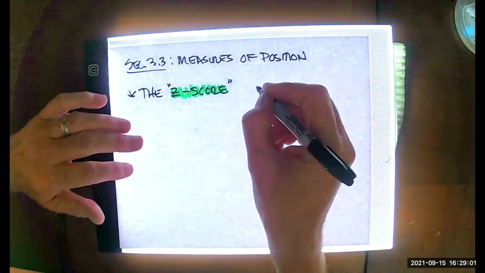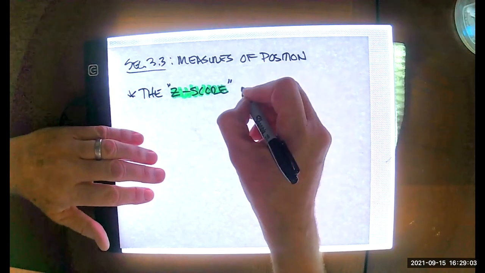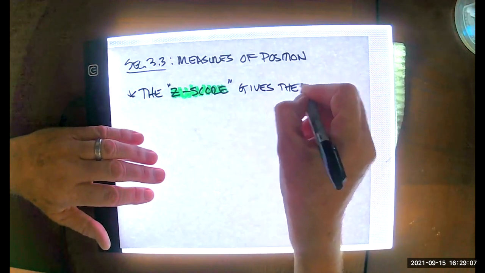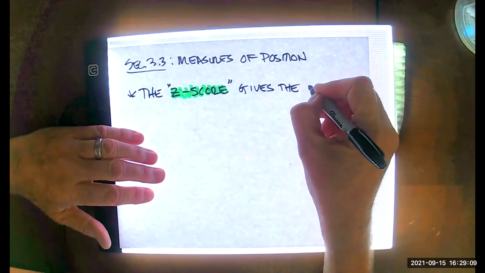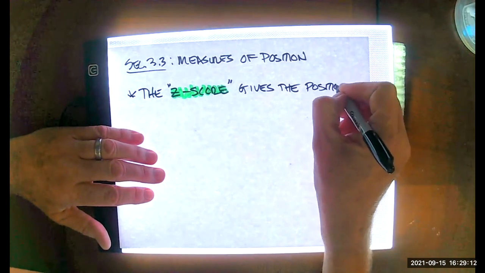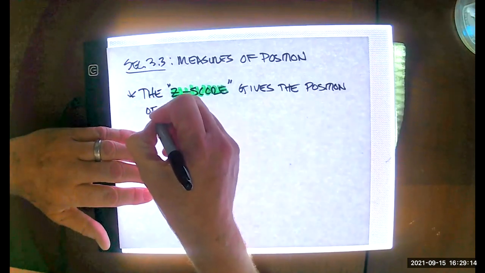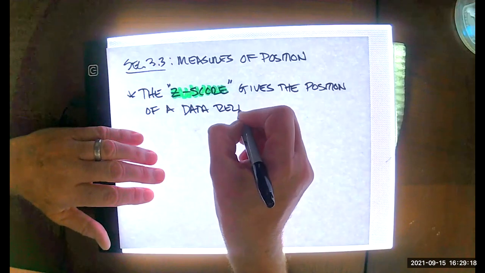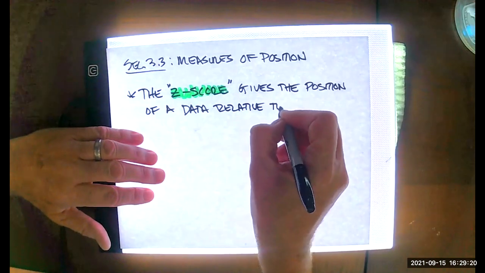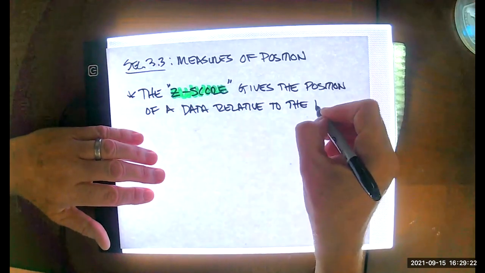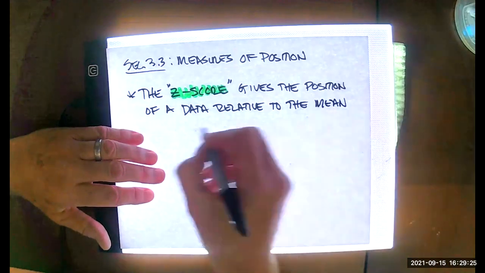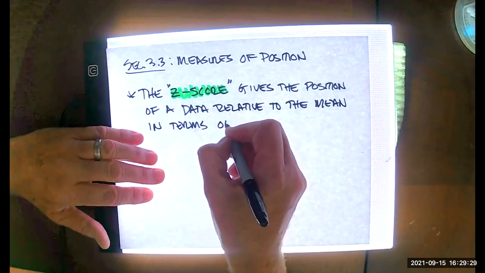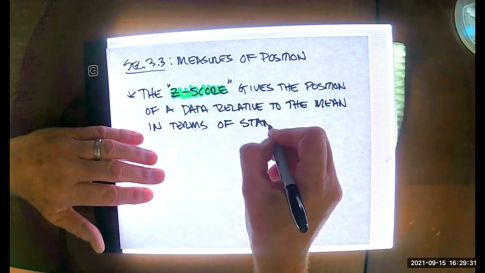So the Z-score gives the position of a data value relative to the mean in terms of standard deviation.